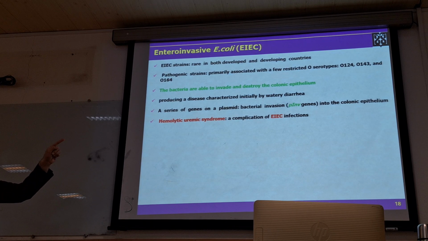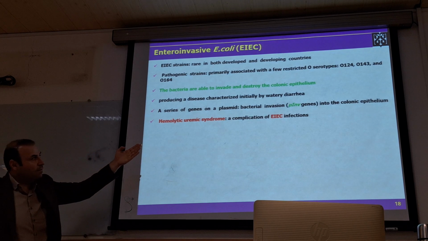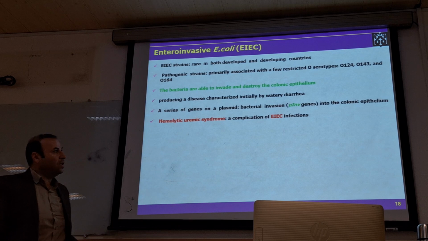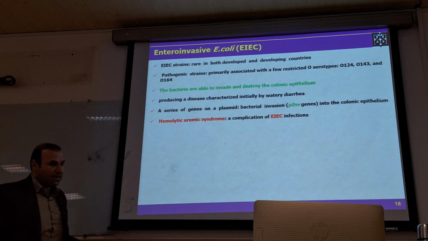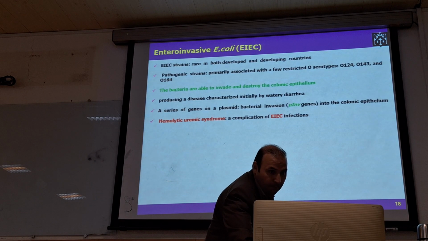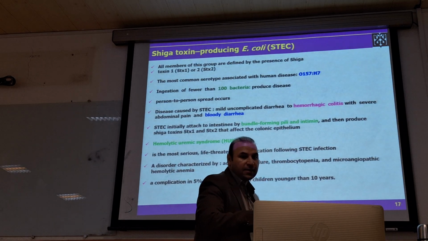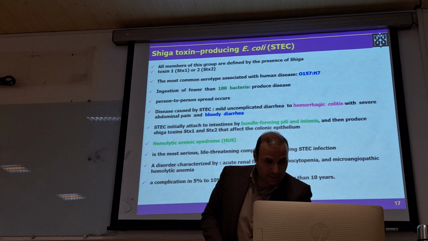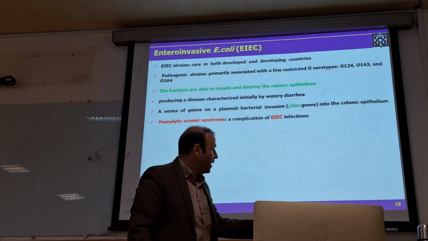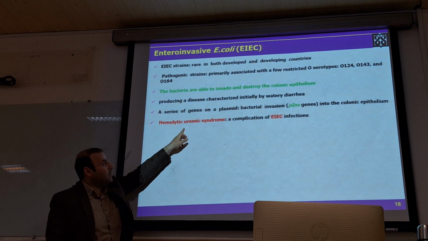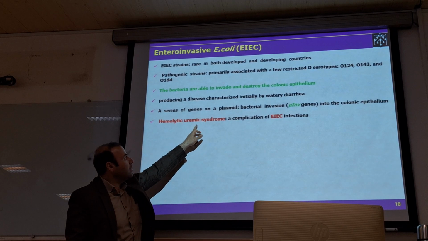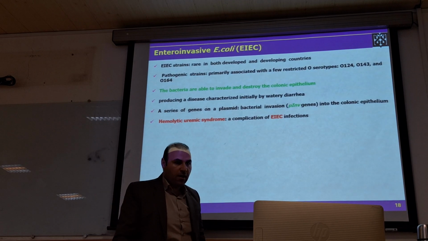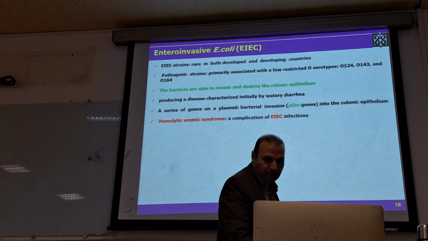A series of genes and plasmids mediate bacterial invasion into the colonic epithelium. Like STEC, EIEC can produce hemolytic uremic syndrome. This is a complication of EIEC.